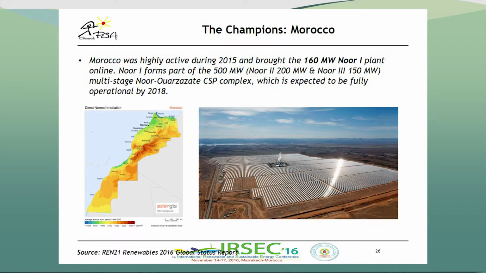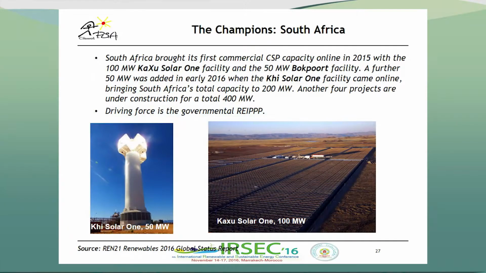I really suggest you to have a look into this report, because it's very comprehensive with a lot of information, very useful data. South Africa is also running, and the driving force there is the governmental Renewable Energy Independent Power Producer Program.